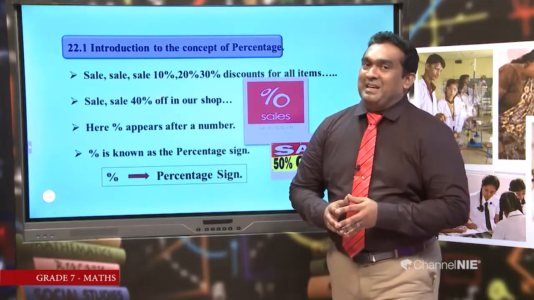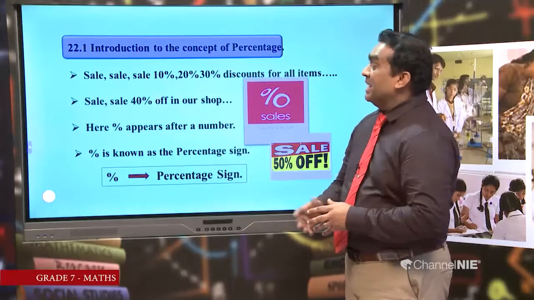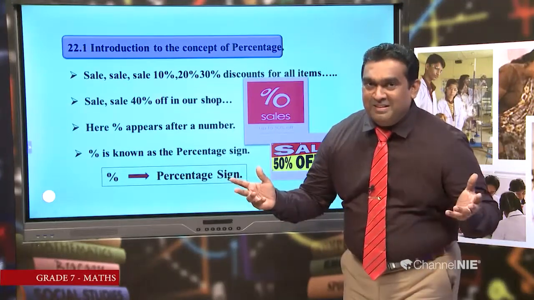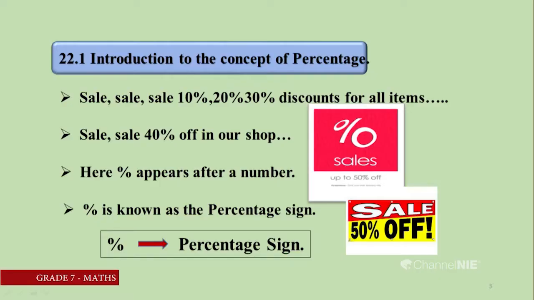Now we will see there is an advertisement: sale, sale, sale. In shops, you can see this symbol, sale. 10%, the symbol comes after the numerical value or the number.